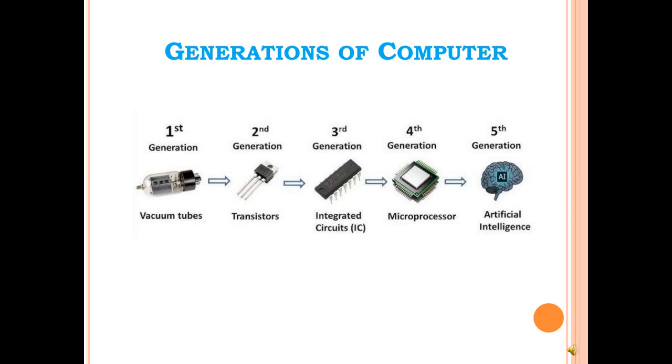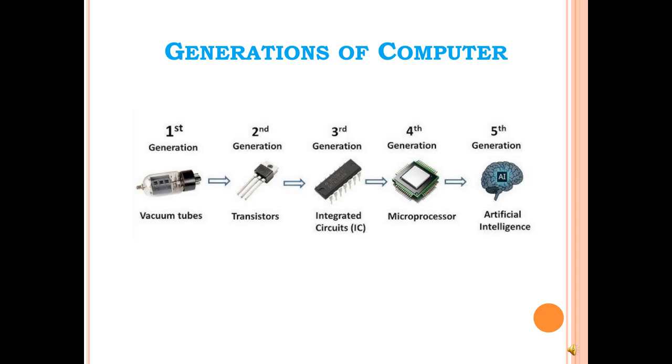After that, the fourth generation of computers came to the picture with microprocessors. The microprocessor replaced the integrated circuit. That doesn't mean the older ones have lapsed from the market.